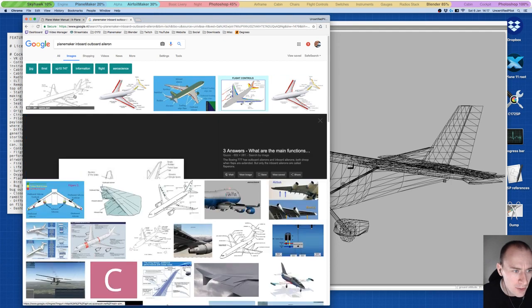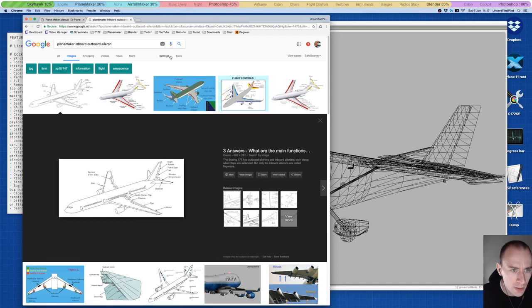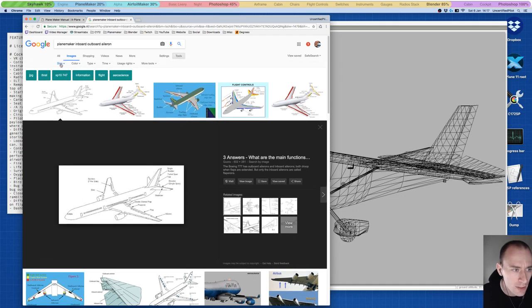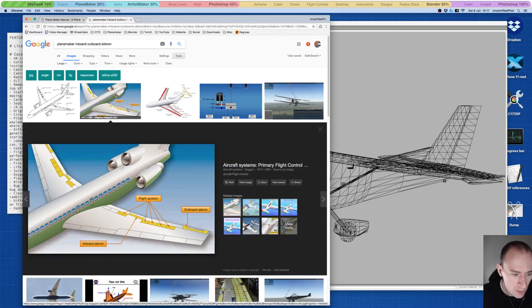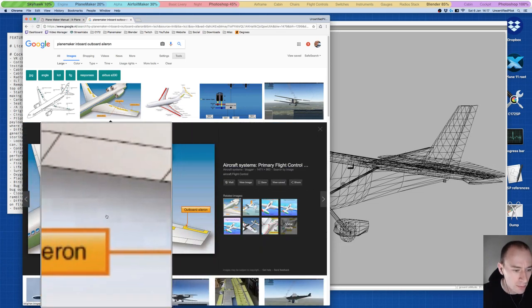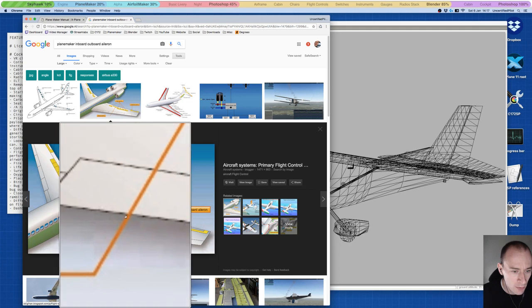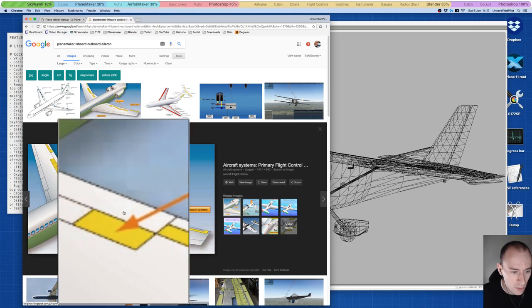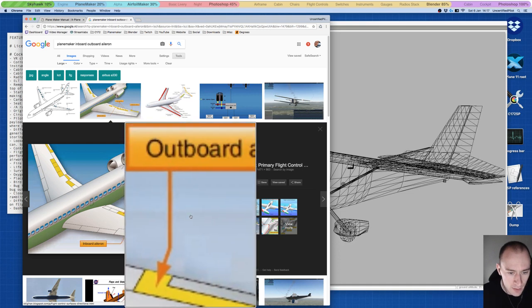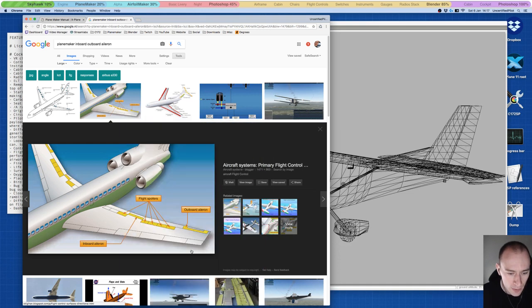Yeah, and there are also pictures here that show what we're doing. I can also have a bigger picture so you guys can see a little bit more clearly what I'm referring to. Yeah, so here, inboard ailerons. So closer to the cabin, I guess, and these are the outboard ailerons.